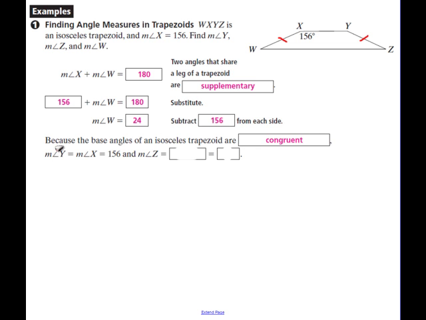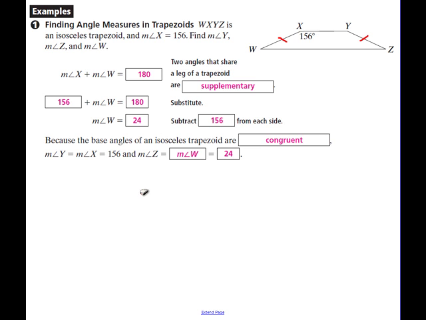So if angle X is 156, then we know that angle Y is also 156 because they share a base, and this is an isosceles trapezoid. Angle Z is going to be congruent to angle W because they share a base, and we just solved before that angle W is 24. So we've now hit all four of these angles within our isosceles trapezoid.